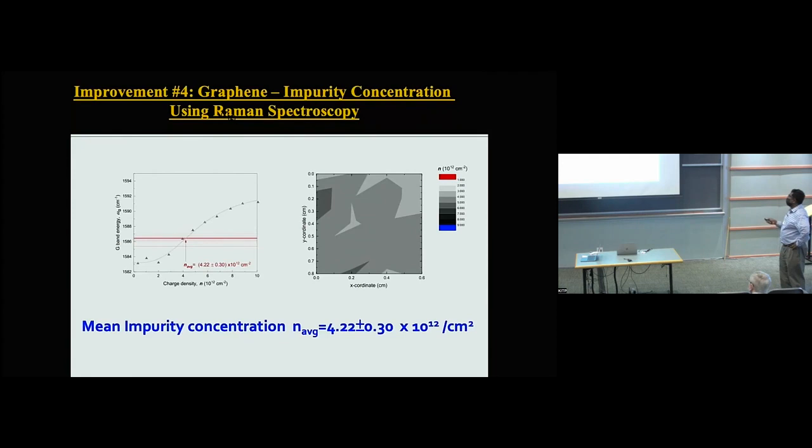We go to different points along here and measure the G peak, and from that we predict the impurity concentration, and this is an impurity profile on the sample we used. So we can tell the impurity concentration is 10 to the 12, which was surprisingly high. We were hoping to get much less, but that's what it was. It was too high for our expectations, because last time when we did the experiment, we had a much lower value for the impurity concentration.